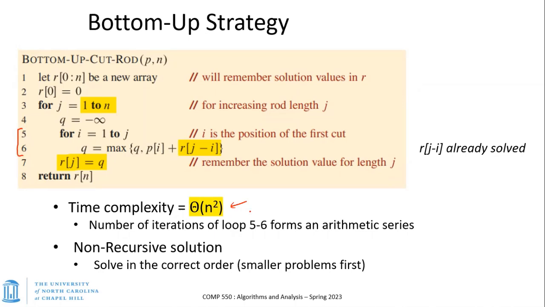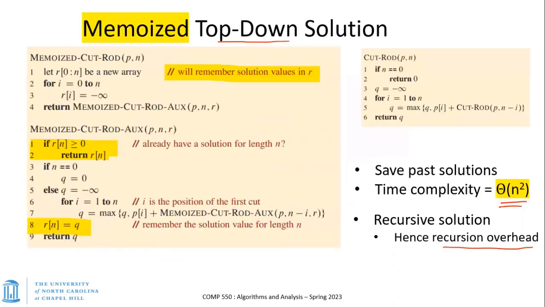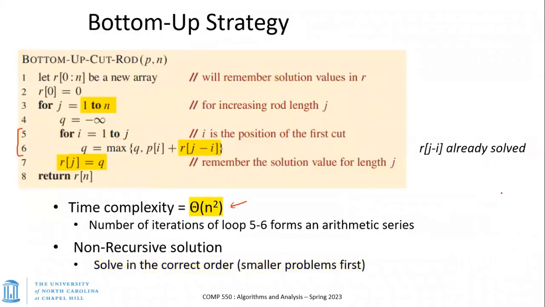So the time complexity is again the same as in the previous case. The recursive, memoized top-down solution also had the same time complexity. The only advantage over here is that you don't have recursion. Okay, and that can be a little bit of an advantage.